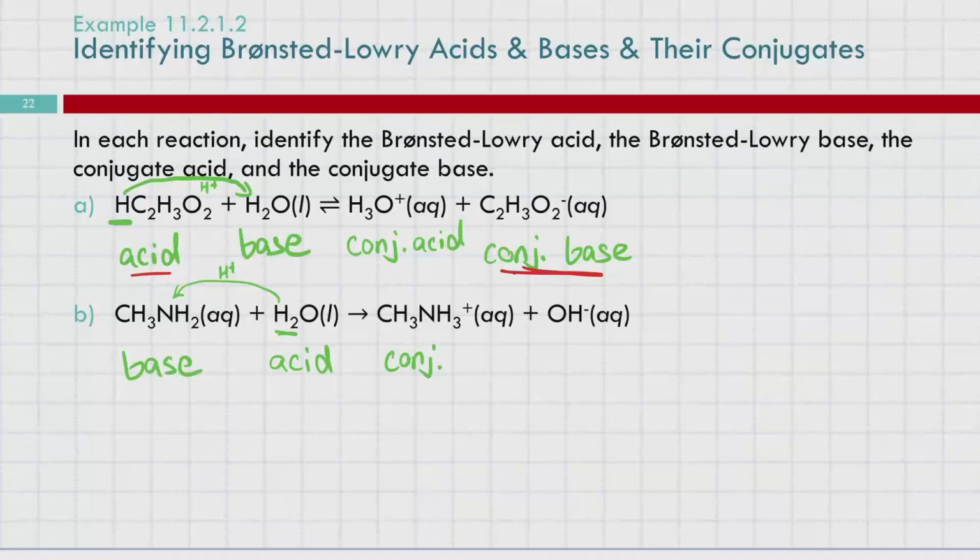Is it an acid or a base? It is an acid. So our base pairs with a conjugate acid. Never an acid and a conjugate acid, always a base and a conjugate acid, acid and a conjugate base. And then OH minus would be our conjugate base.